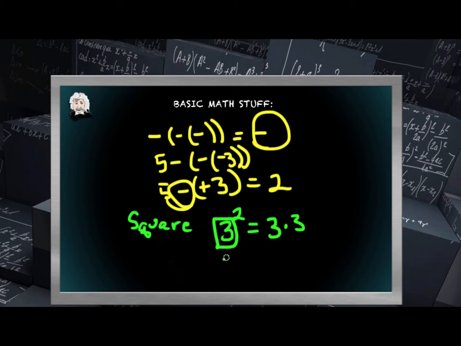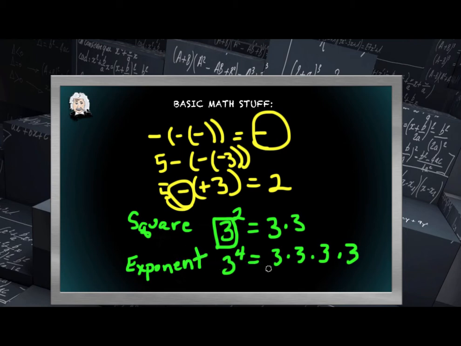Likewise, if it were 3 to the 4th, that would be the same as 3 times 3 times 3 times 3, 4 times. So we can think of squares as a special case of exponents where the exponent equals 2, and exponents as really essentially just multiplication, saying multiply that base value by the exponent number of times.